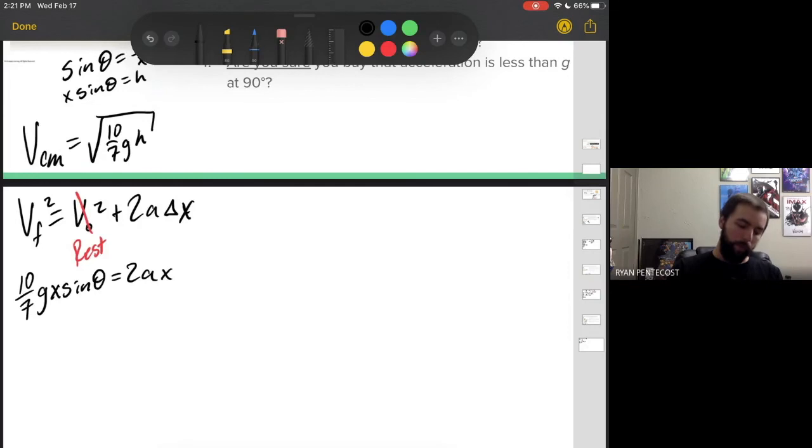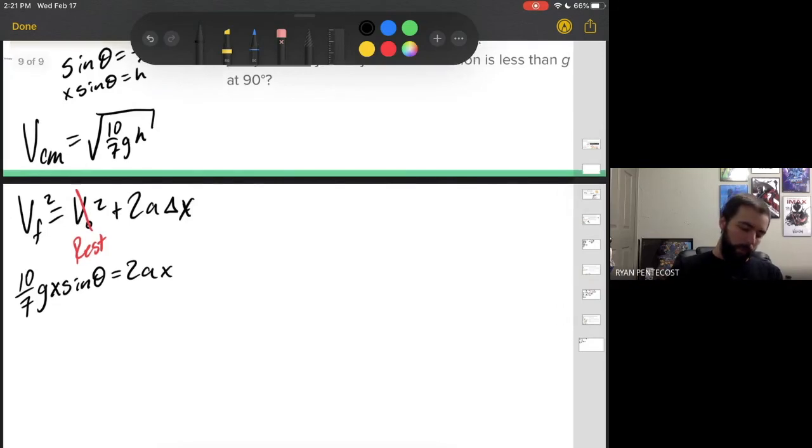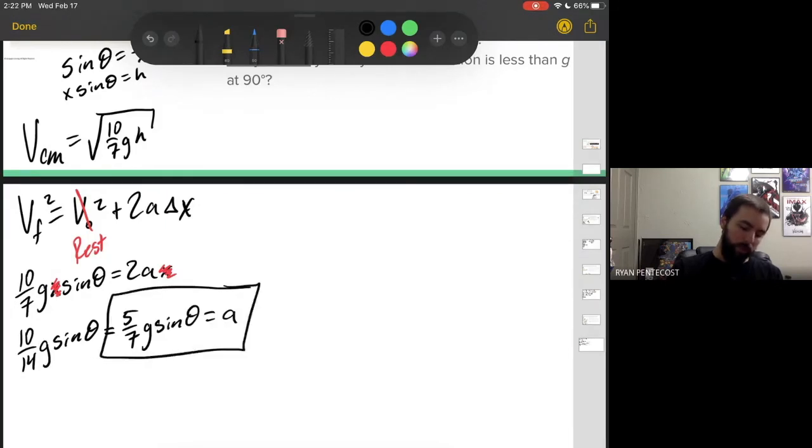So if we're solving for a, we're going to divide by 2 or multiply by the reciprocal, right? So we would then get 10/14. I know that reduces. G, the x's are going to go away. So you have 10/14 g sine theta, which is 5/7 g sine theta equals the linear acceleration of the object, right?